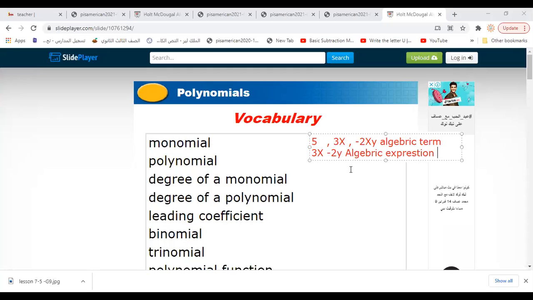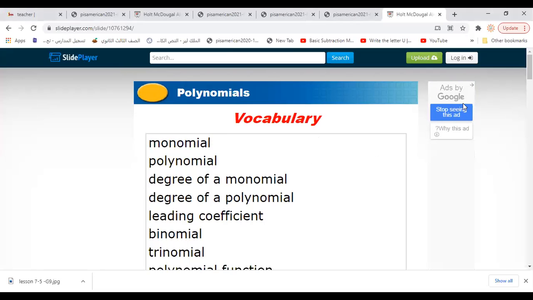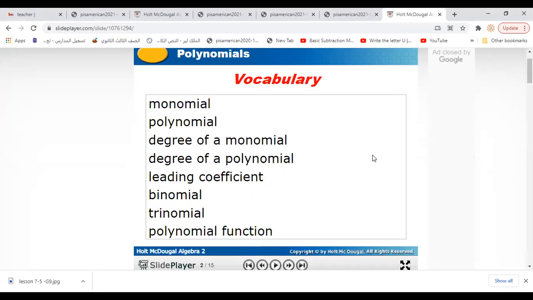And we also studied like terms and unlike terms. Could anyone give me an example of like terms and unlike terms? Like terms, like what? Give me an example.